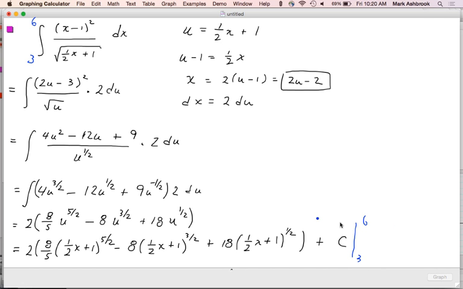But there's another option: we could evaluate it in terms of u. We just have to know what the corresponding limits are, so that's x equals 3 and x equals 6. We need to know what the corresponding limits in terms of u are, and then we can evaluate the u expression. And so maybe that's more advantageous because it's easier.